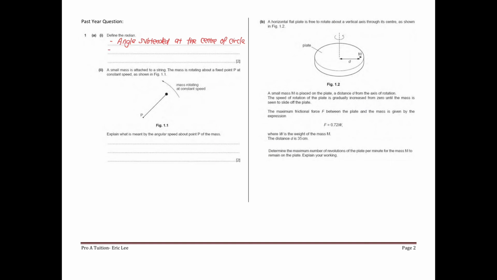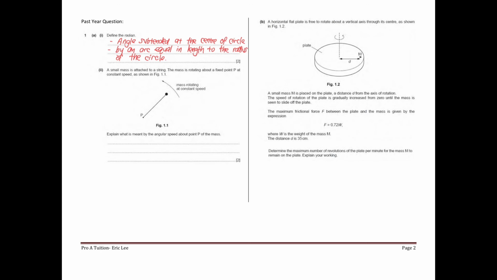This is one point. Second point, by an arc equal in length to the radius of the circle. So the important words here are the arc is equal to the radius. In that case, you will get 1 radian.